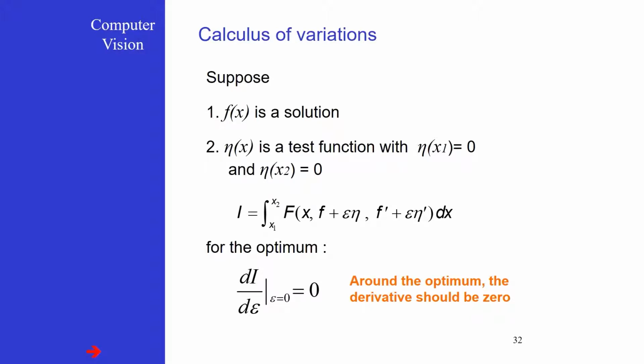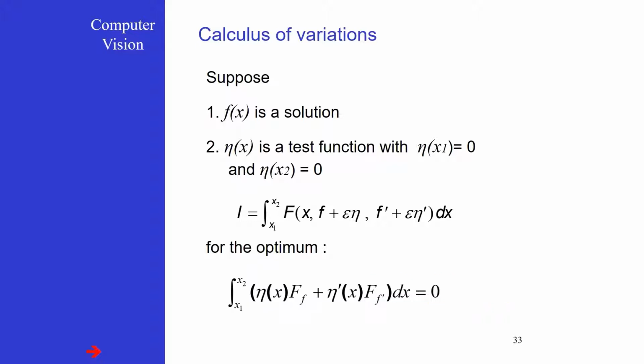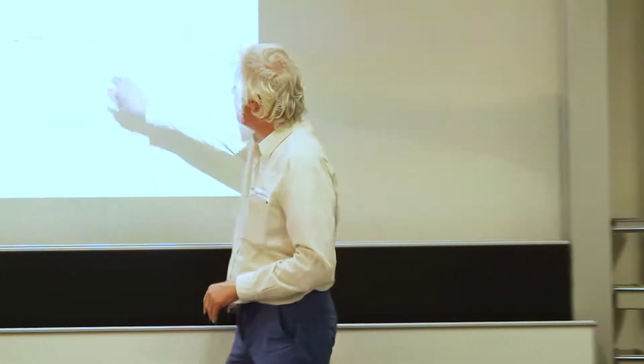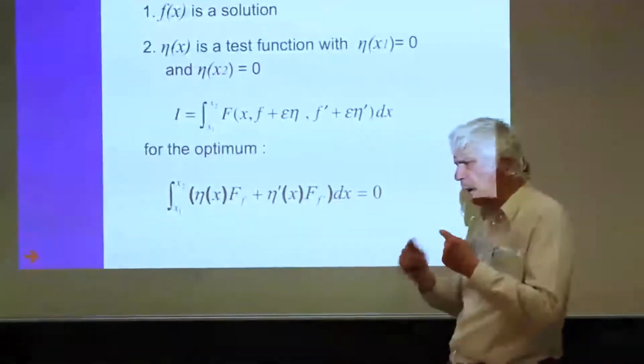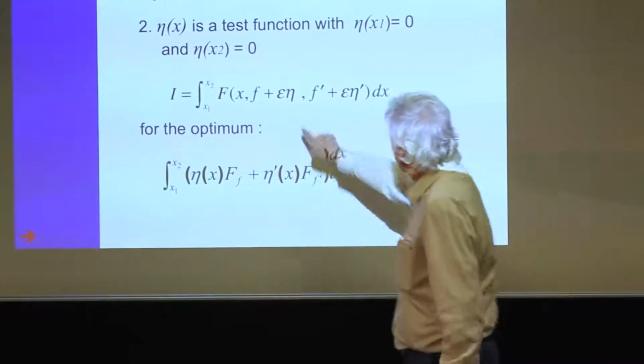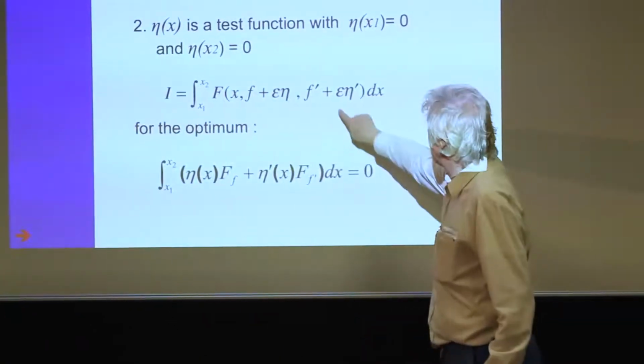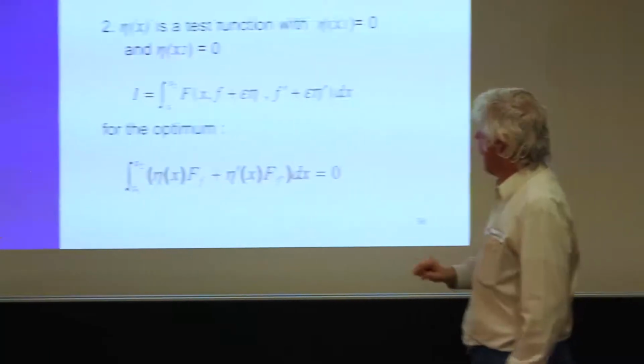Okay, so let's now express what that means, because that will lead us to a condition on what f has to obey. Here's the derivative of this expression with respect to epsilon. You see epsilon appearing in two places, here and there.